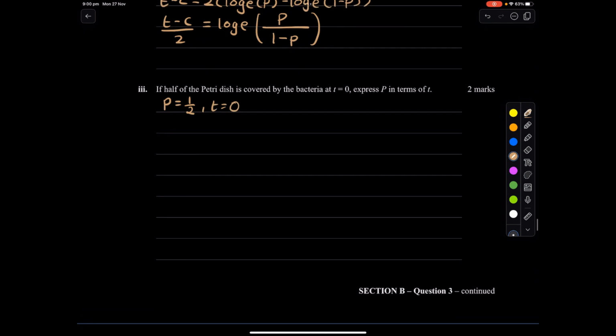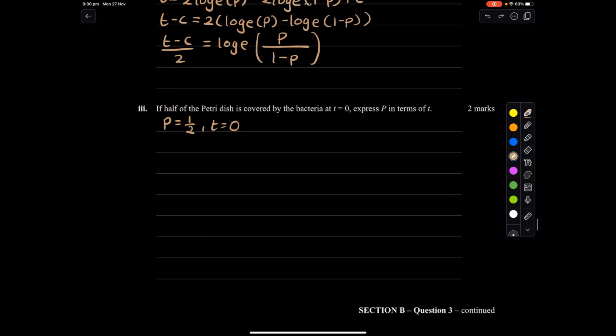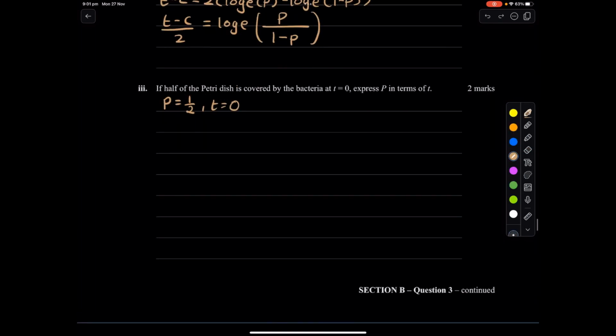Using this equation, let's put those values in. It's going to be 0 minus c over 2 equals log e of half over 1 minus half, which is just half, so that is 1, and log e of 1 becomes 0. Hence c is just 0.